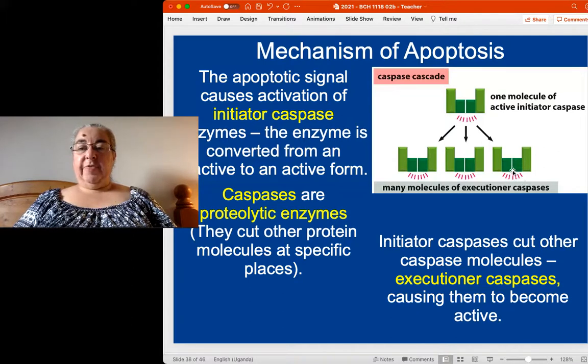So each of these executioner caspases is also a proteolytic enzyme, and each can then cut other enzymes and proteins.